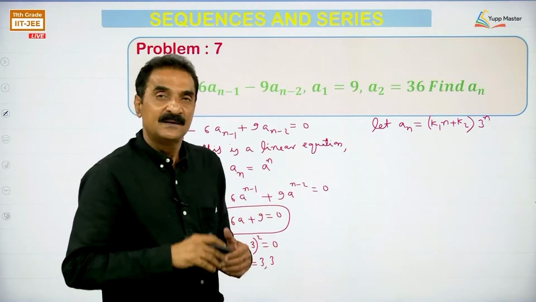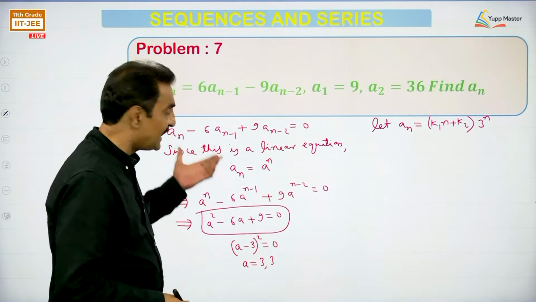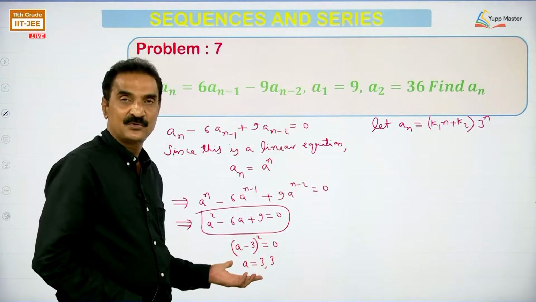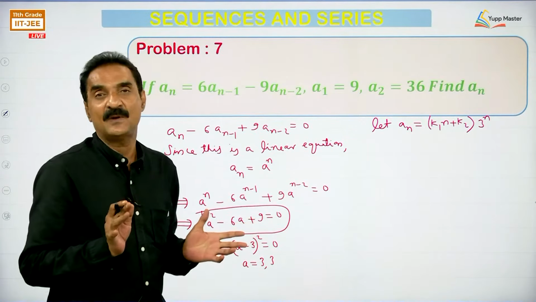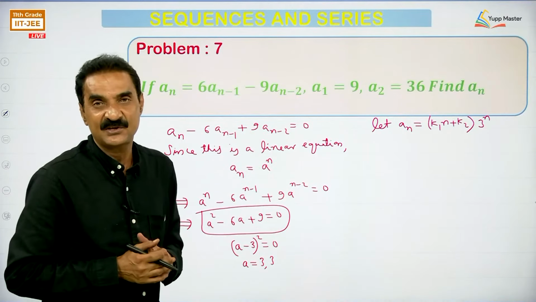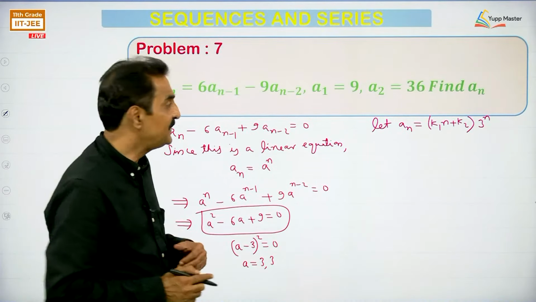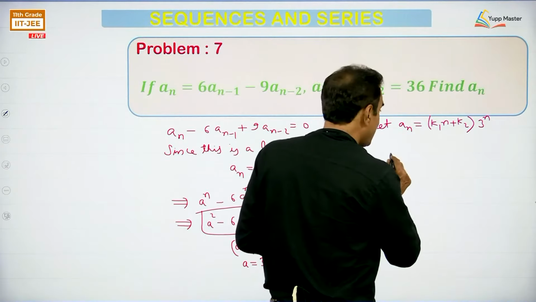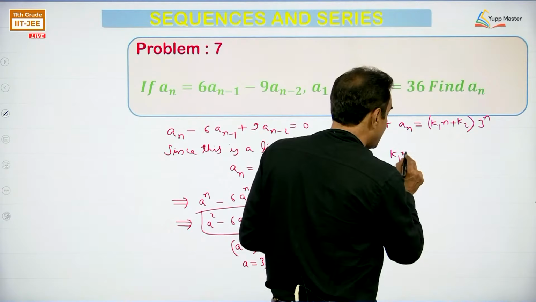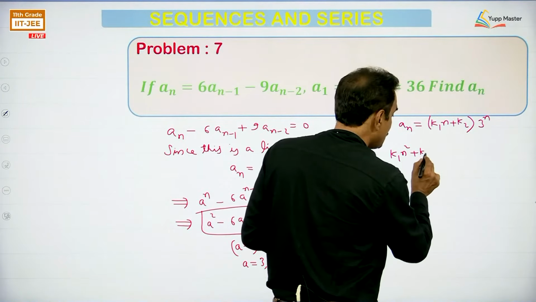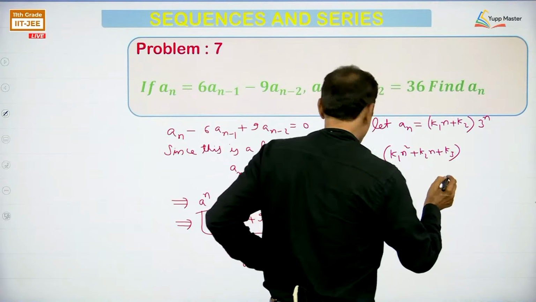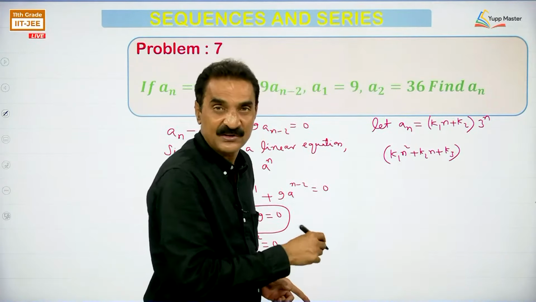Alright. Similarly, suppose the characteristic equation is a cubic equation. Then you will get 3 roots. Suppose all the 3 roots are equal, you got 2, 2, 2 as characteristic roots. Then what will be the nth term? We should take the nth term as a quadratic expression in n, k1n square plus k2n plus k3, into 2 power n, if the repeated root is 2.